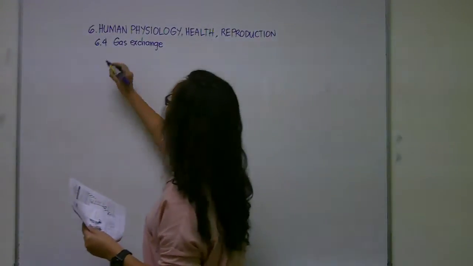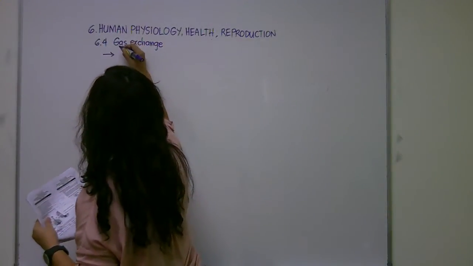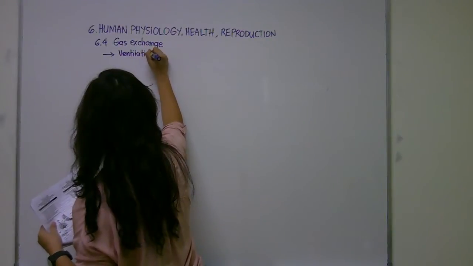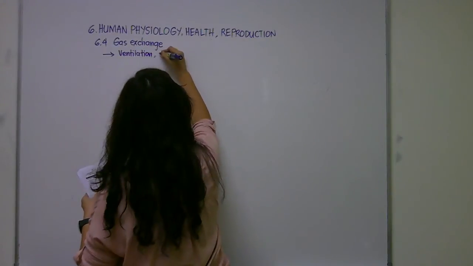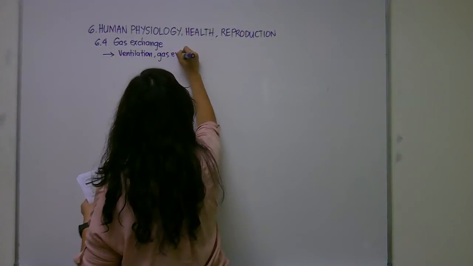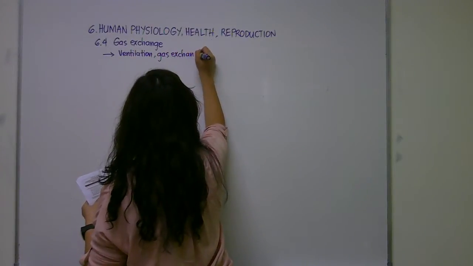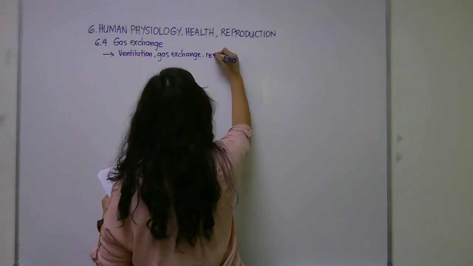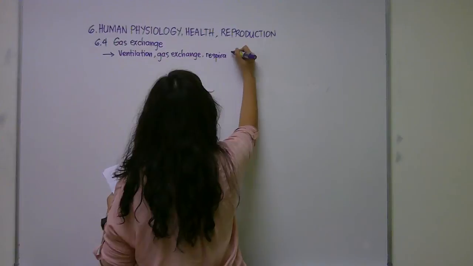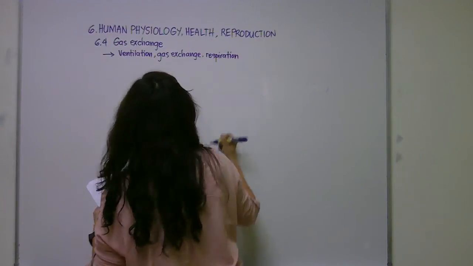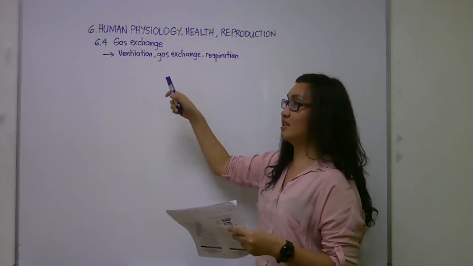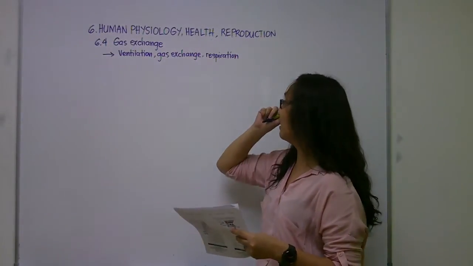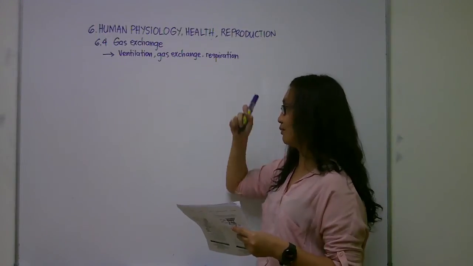Under this area, students should be able to know the difference between ventilation, or breathing, gas exchange, and cell respiration, because usually they interchange all of these, but they're different from each other. Although these processes are interrelated to achieve one goal, and that is to achieve respiration.